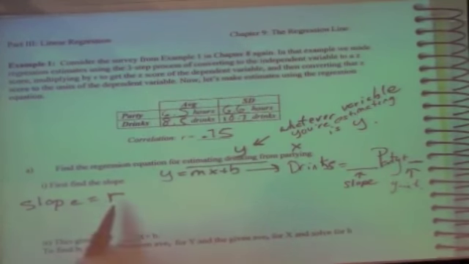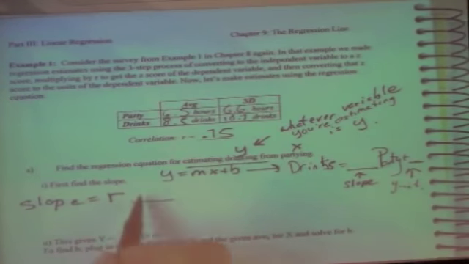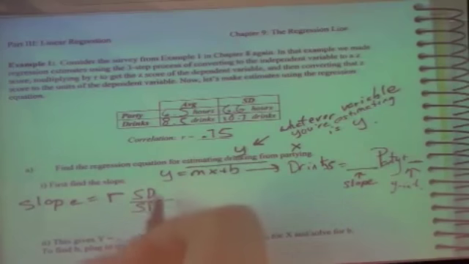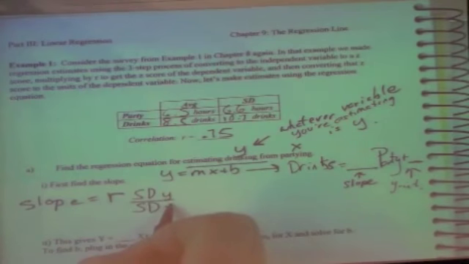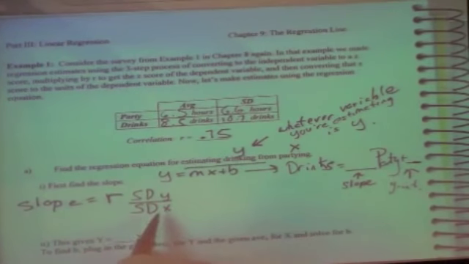The slope is going to be r times a ratio of two standard deviations. Do you think it's y over x or x over y? Y over x, rise over run. If you went over 1 standard deviation in the x direction, you wouldn't go up a full standard deviation in the y. So that's your slope.